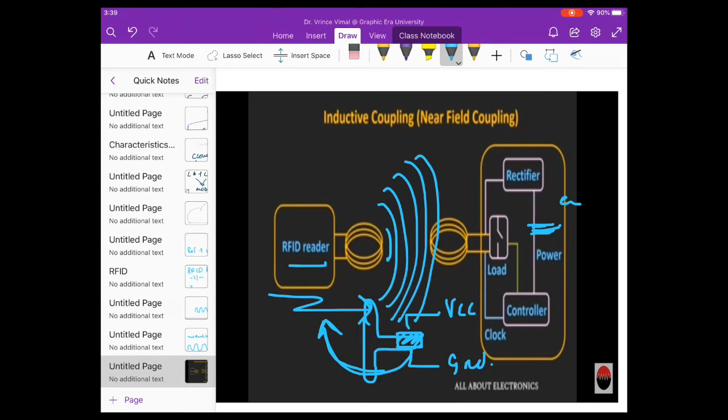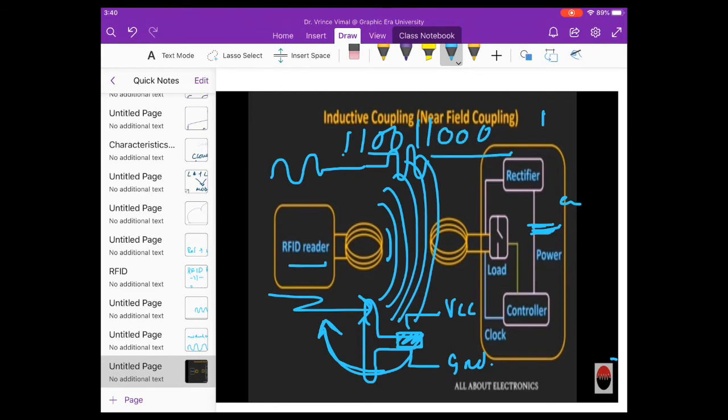Like for a high impedance signal, let's say 1, it switches it on, and for a low impedance signal, let's say 0, it switches it off. So this way, whatever, let's say 1 1 0 0 1 1, it will keep it on for two durations, then keep it off for the entire next 2 cycles, and on again for the next 2 durations. If there is 0 0 0, it will keep it off for the next 3 durations.